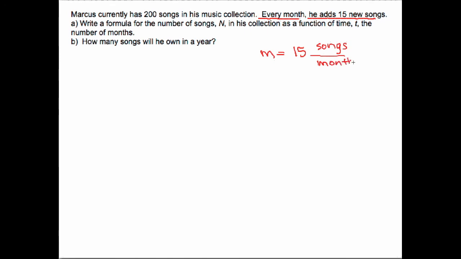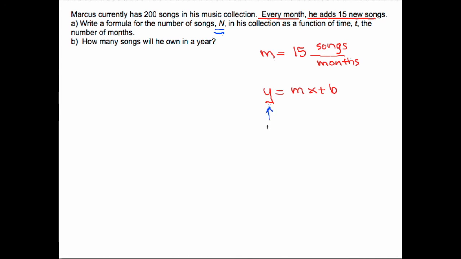So this means we have a linear function. And we're used to writing y equals mx plus b. But in this particular problem, they would like us to use a different notation. They say write a formula for the number of songs n, and so this means we're going to say that's the output.